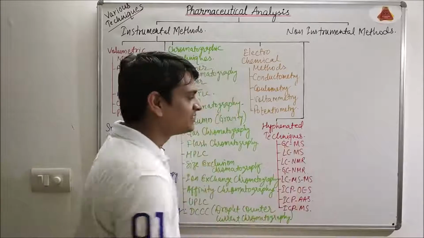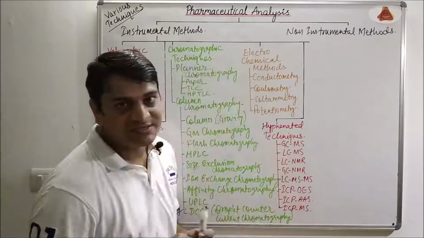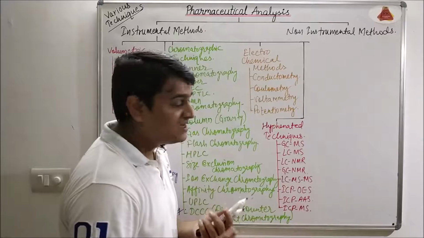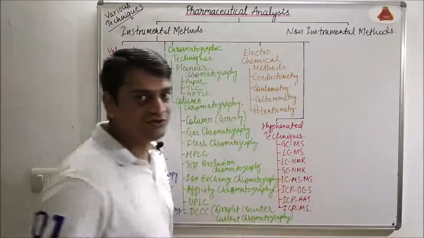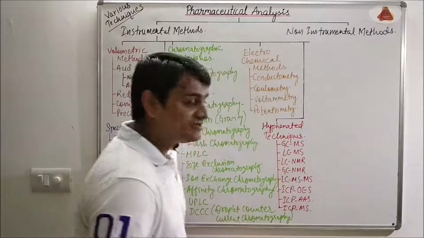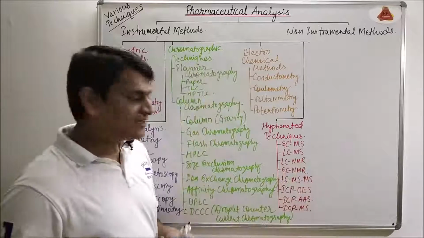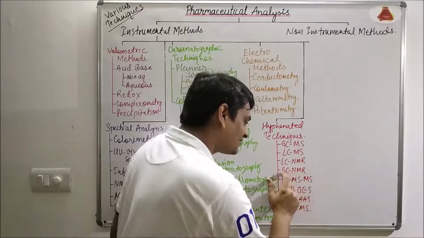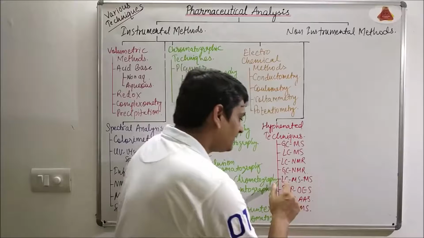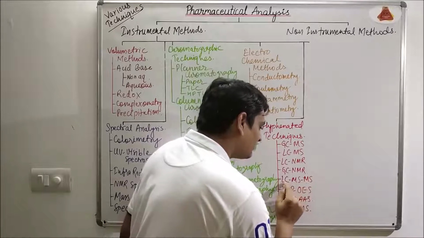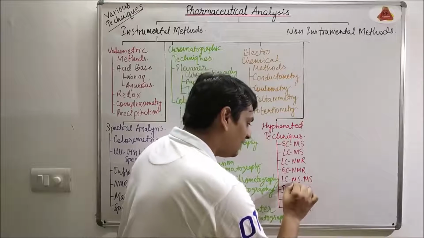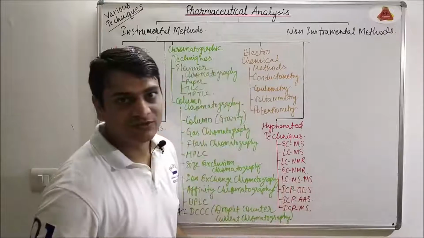First one is GC-MS, meaning gas chromatography attached with mass spectroscopy. Second one is LC-MS, that is liquid chromatography, or HPLC, attached with mass spectroscopy. Next one is LC-NMR, meaning liquid chromatography attached with NMR spectroscopy. Next one is GC-NMR, meaning gas chromatography attached with NMR, that is nuclear magnetic resonance. Next one is LC-MS/MS, meaning liquid chromatography, or HPLC, attached with MS, that is two mass spectrometers.